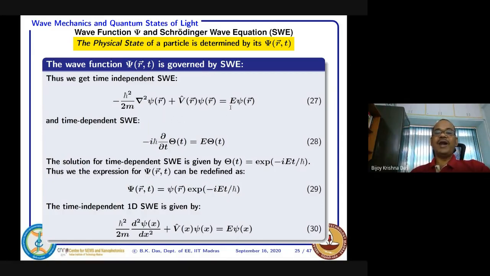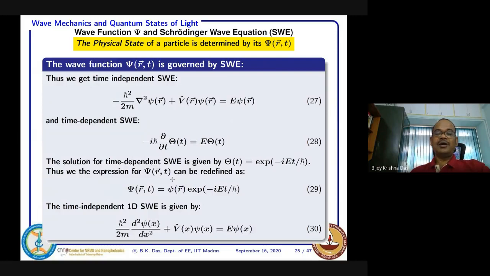If you find a solution for one psi and the corresponding E, that will be the eigenfunction, and E will be the eigenvalue. Corresponding to that psi, there will be one E solution. If you have another psi, another E solution will be there. So the same quantum particle can give you multiple psi solutions and multiple energy solutions also. It's a differential equation, and when you solve a differential equation, you can find multiple solutions.